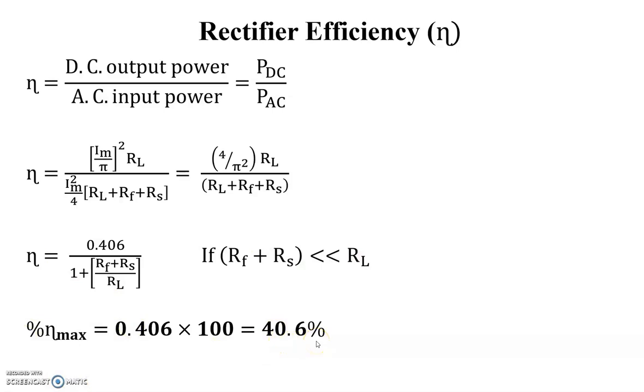This means a maximum of 40.6% of the AC power gets converted to DC power in the load. If the efficiency of the rectifier is 40%, then what happens to the remaining 60% of the power?